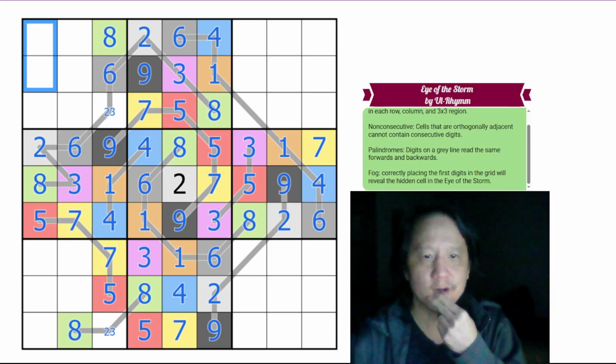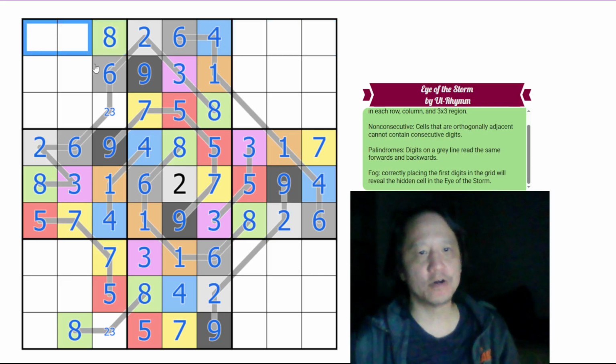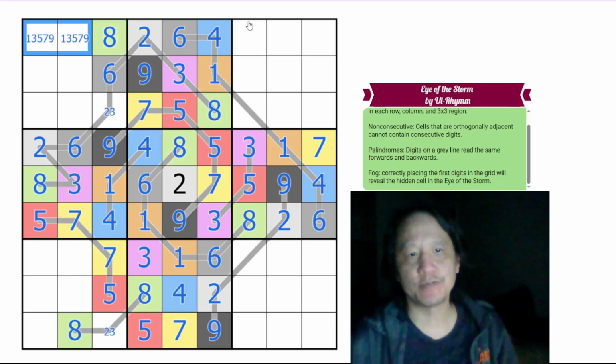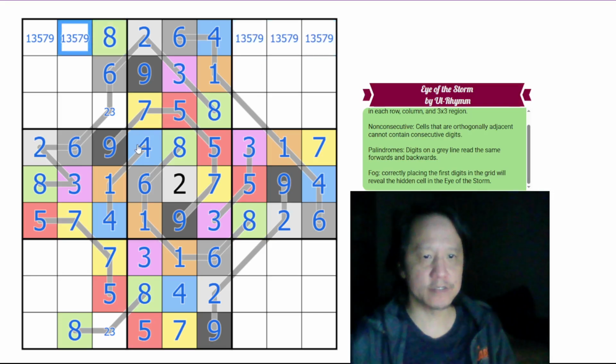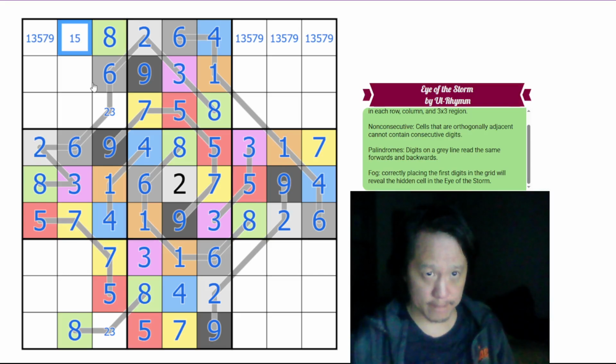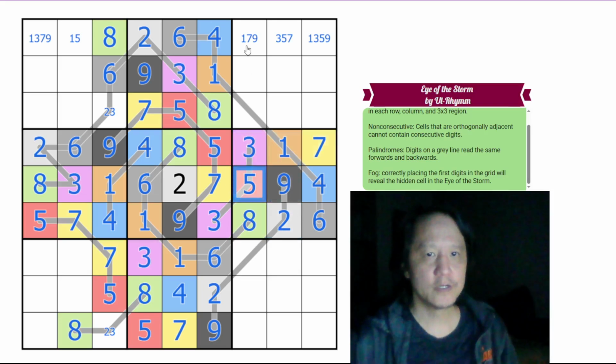Okay. Let's look at row 1. We have all the odd digits, interestingly enough: 1, 3, 5, 7, 9. 8 cannot be next to, okay, so this cannot be 3 or 7. 8 cannot be next to 9. This can't be 3 or 5. This can't be 1 or 9. This can't be 7 because of the digits in the columns. This is not consecutive, so that's fine.